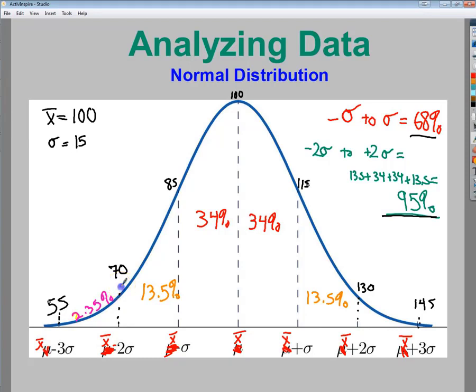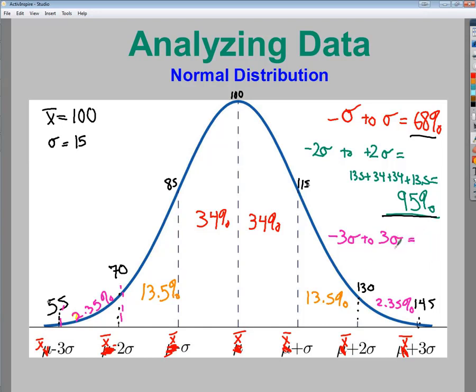That's just between here and here. 2.35% here as well.